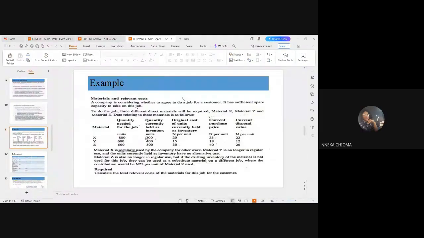It's 800, sir, because it's the quantity needed for the job. Okay. But the quantity we are having in inventory is 200. Yes, we are going to replace the 200 too after using it because it's regularly in use.